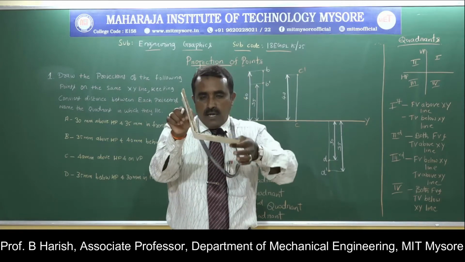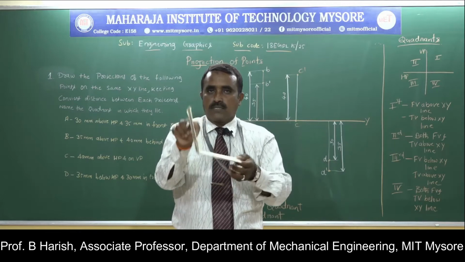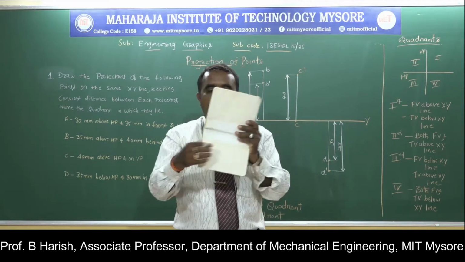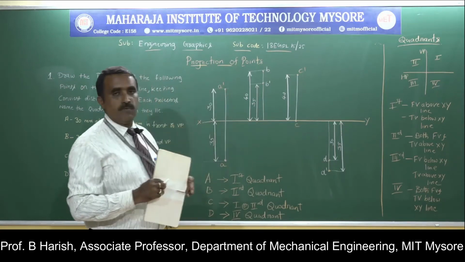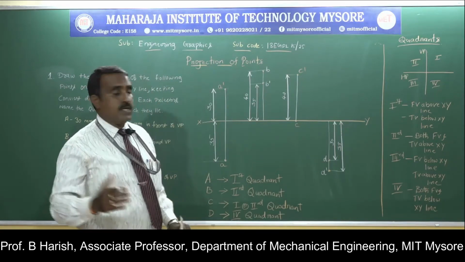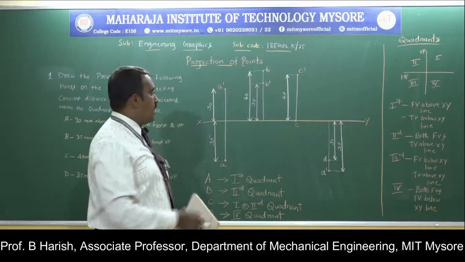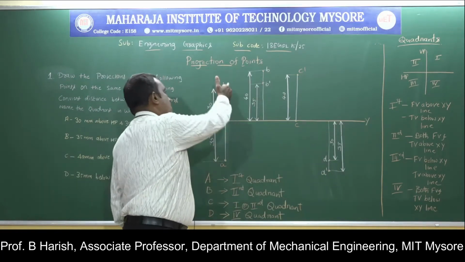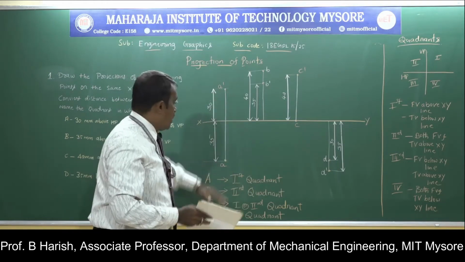I will be rotating the horizontal plane clockwise. So when that is the case, I will get the top view below, front view above. How to draw the projections? First I will draw the xy line, then I will measure a distance of 30 mm above your xy line, 35 mm below.